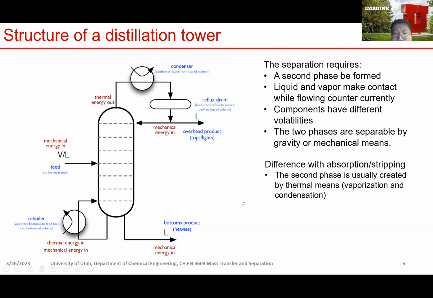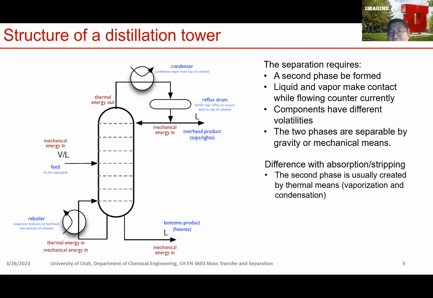Okay. So as you can see here, this operation is similar to an absorption and stripping tower. Here the difference is, in an absorption and stripping tower, right, for example, in the absorption tower, we feed a gas stream from the bottom of the tower. Then we feed a liquid absorbent.